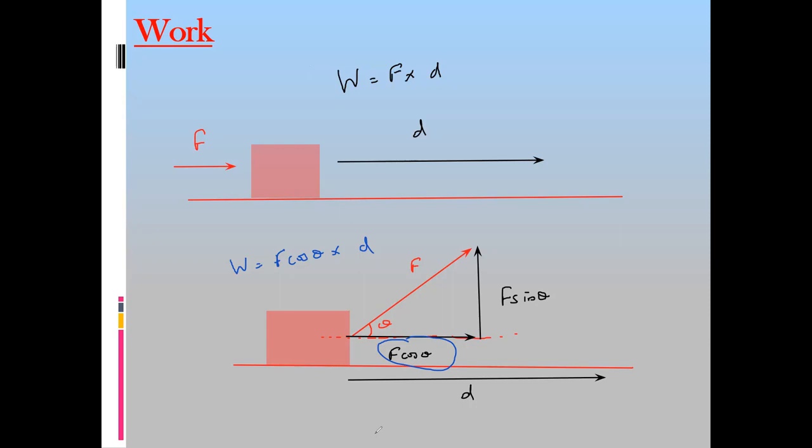Now, how do we calculate work done on an inclined surface?